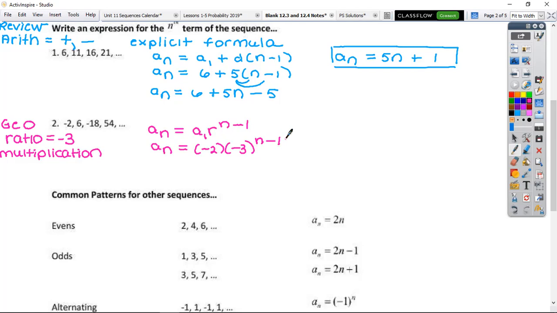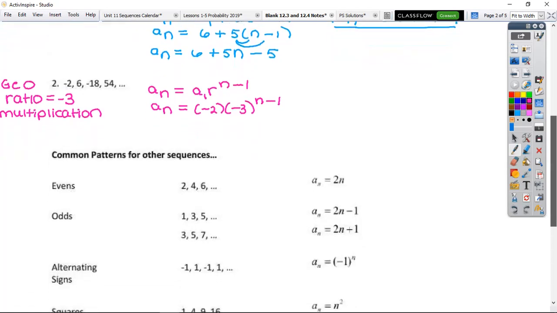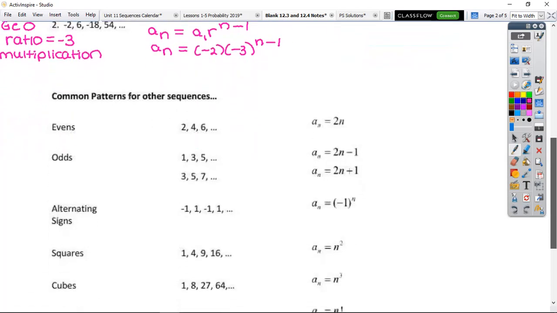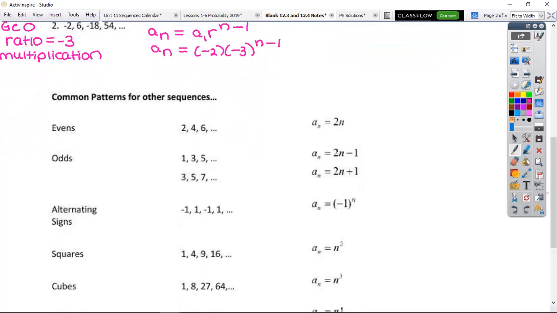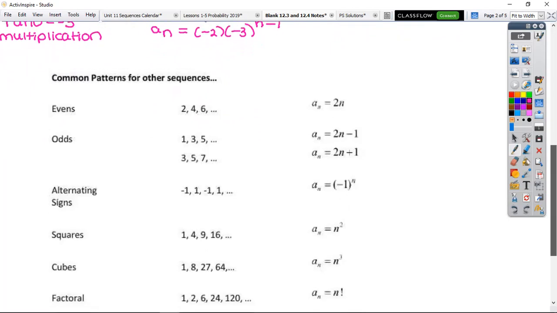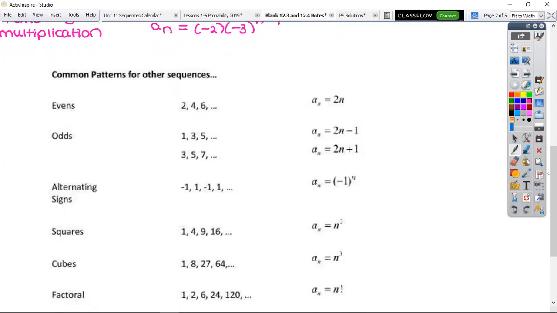All right. So now we get into some patterns that aren't arithmetic or geometric. All right. And what you're going to have to do is express these using formulas. So here's some common patterns, and you're going to want to refer back to this page for homework for sure, because it's definitely very helpful until you kind of start to memorize some of these patterns. So if you have to produce even numbers and you need to write a formula, it's just 2 times n.